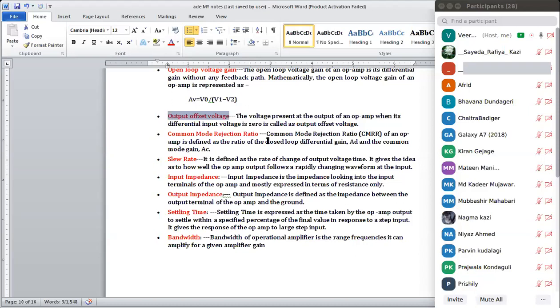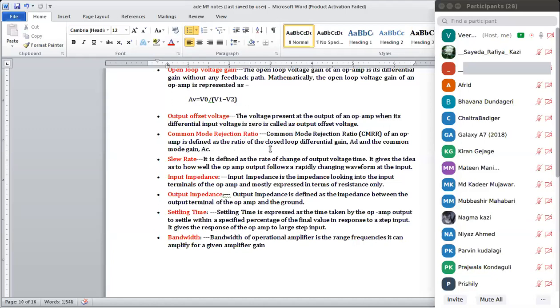I told you what a closed loop and an open loop are. The closed loop differential gain is the gain whenever the feedback path is available, and the common mode gain, AC, is the normal gain.